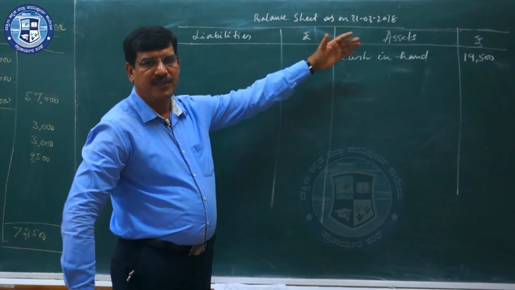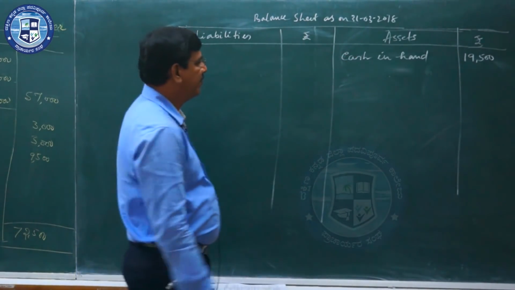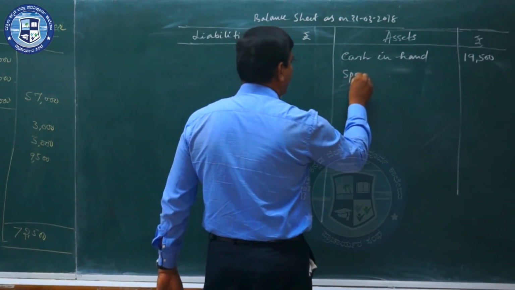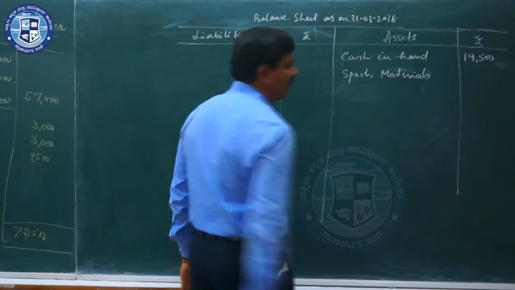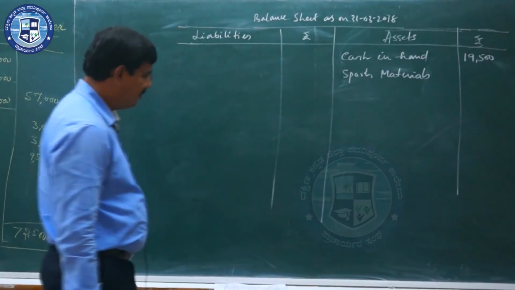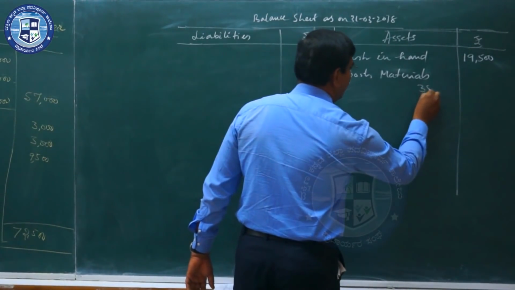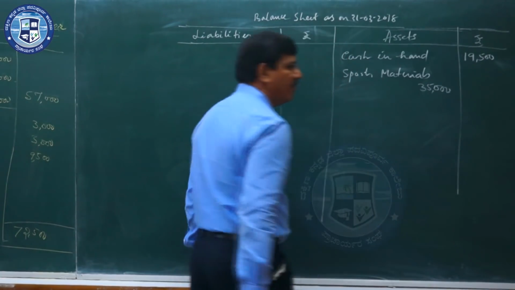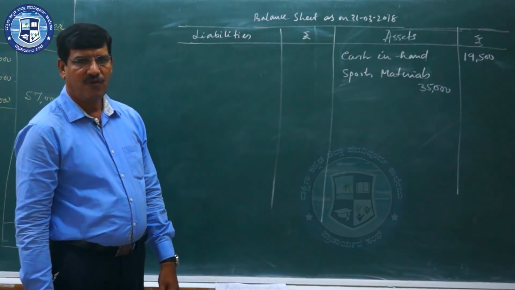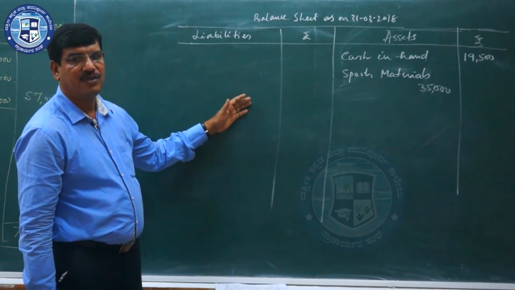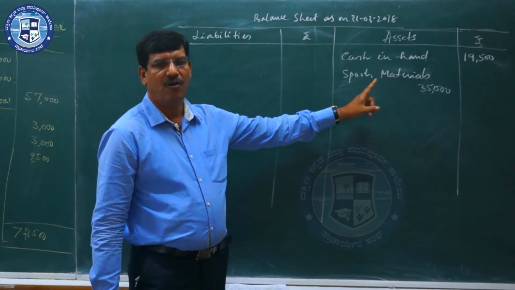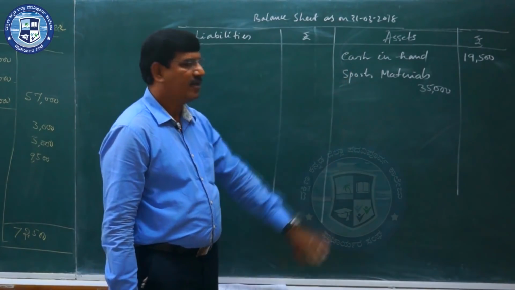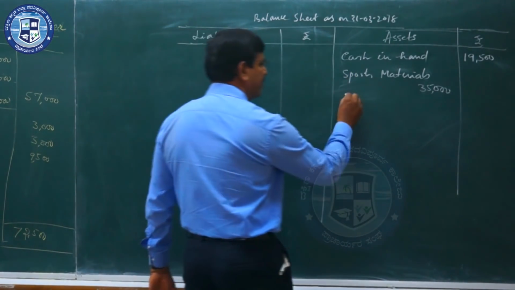Then in the opening balance sheet, you can see some fixed assets. Sports materials are given. The amount of sports materials is 35,000. If you made any purchases during the year, sports material on the payment side of the receipts and payments account is the purchase.